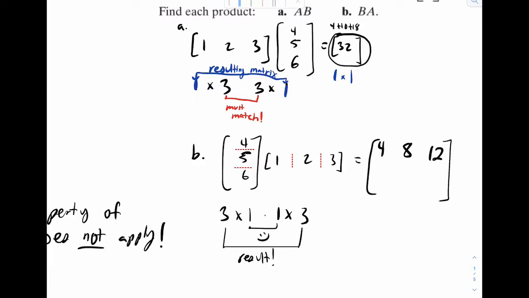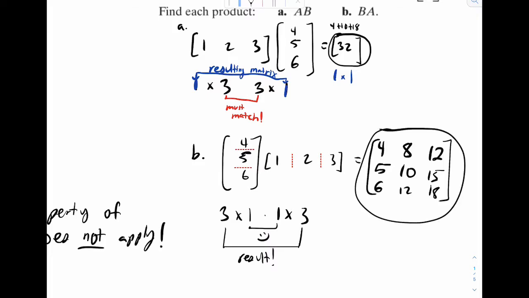So this is middle left. So middle and left. That's 5. Middle, 5 times 2, 10. Middle right, 15. This is bottom left. So follow the same pattern, 6, 12, 18. And there's our resulting matrix.